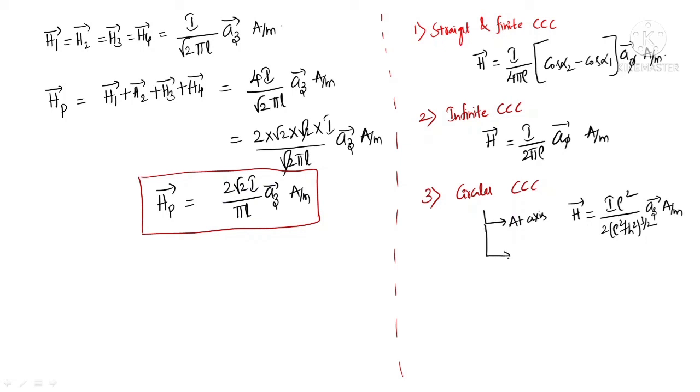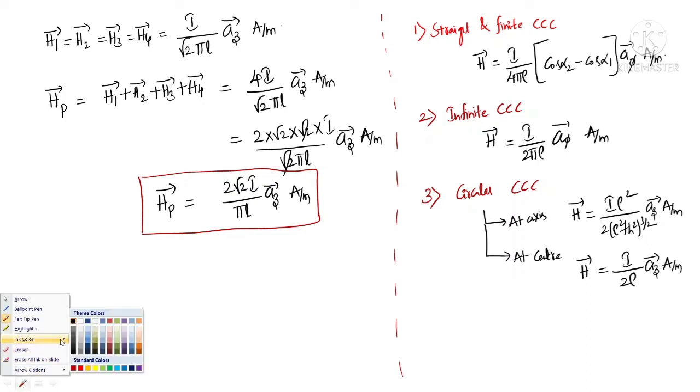And not at the axis but at the center, if you want to find the magnetic field intensity exactly at the center, we got this expression as H bar is equal to I by 2 rho AZ bar ampere per meter.